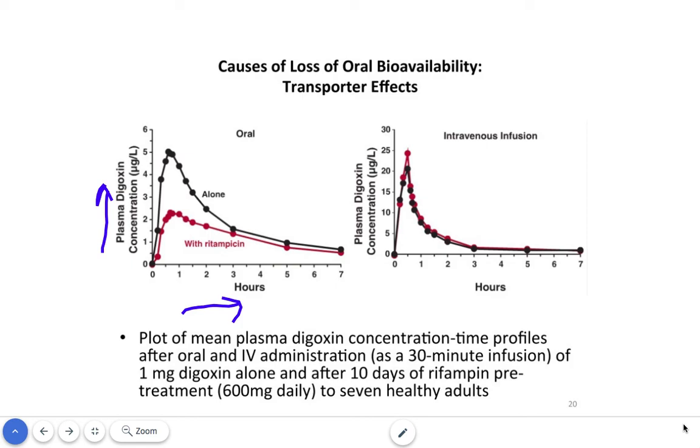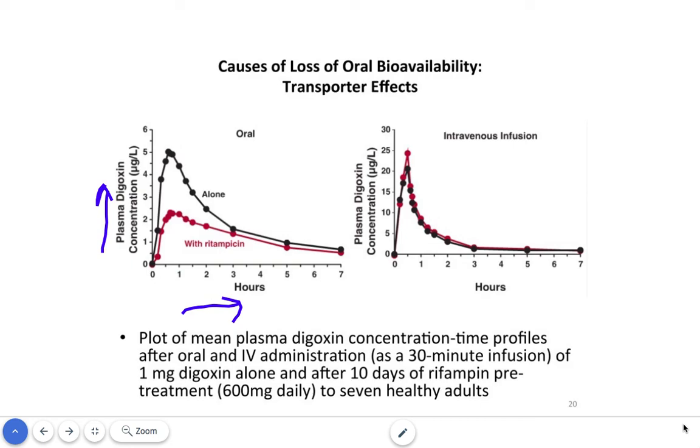These are the plots of the mean plasma digoxin concentration versus time profiles after oral and IV administration. The IV administration was given as a 30-minute infusion of 1 milligram digoxin alone, shown as the black circles. After 10 days of rifampin treatment, 60 milligrams daily, the data is shown in red circles, in 7 healthy adults.